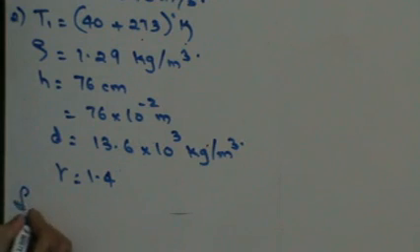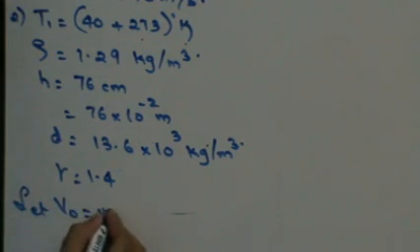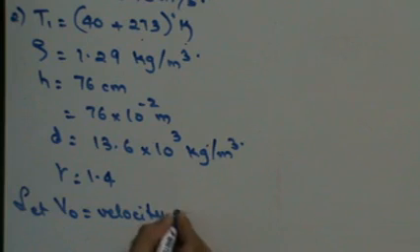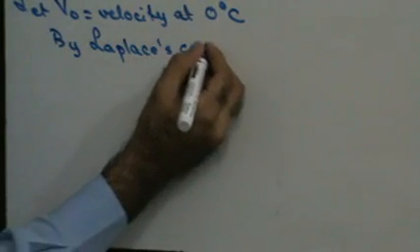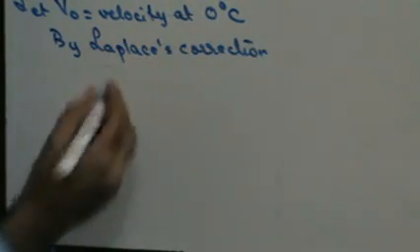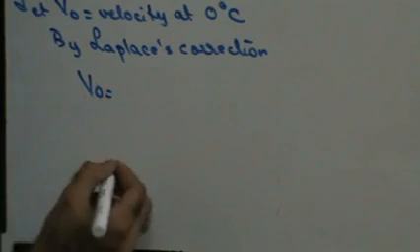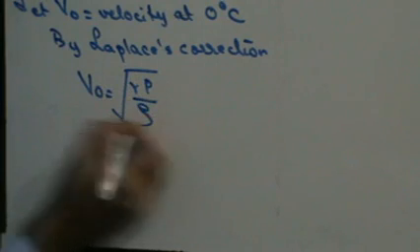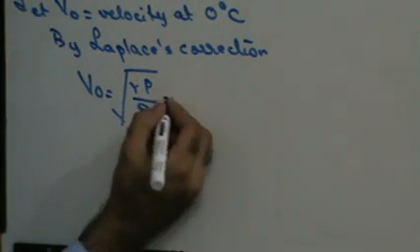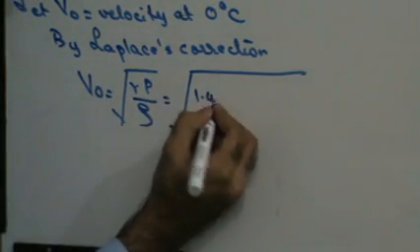Now, let us assume that V0 is velocity at 0 degrees Celsius. If I apply Newton's law with Laplace's correction, I'll get V0 is square root of gamma P upon rho. Gamma is given to you as 1.4.